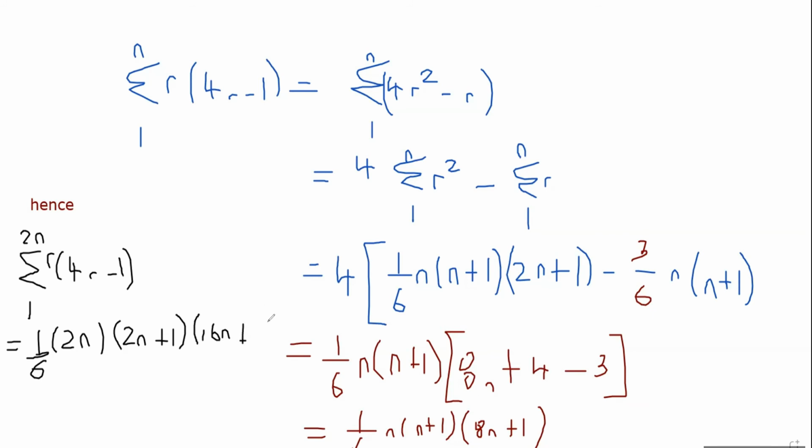So that would be the sum from 1 to 2n. If you want to simplify, you could cancel out a 2 from that 6 to leave 3. So this is 1 over 3n times 2n plus 1 times 16n plus 1.